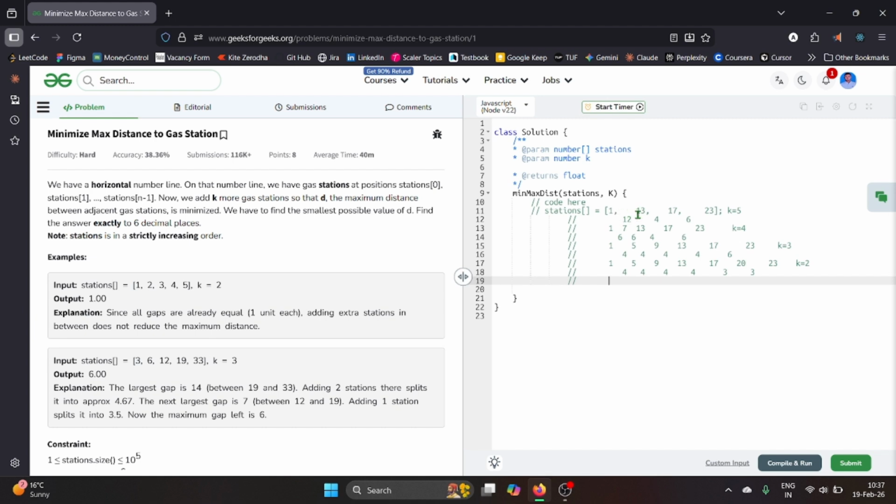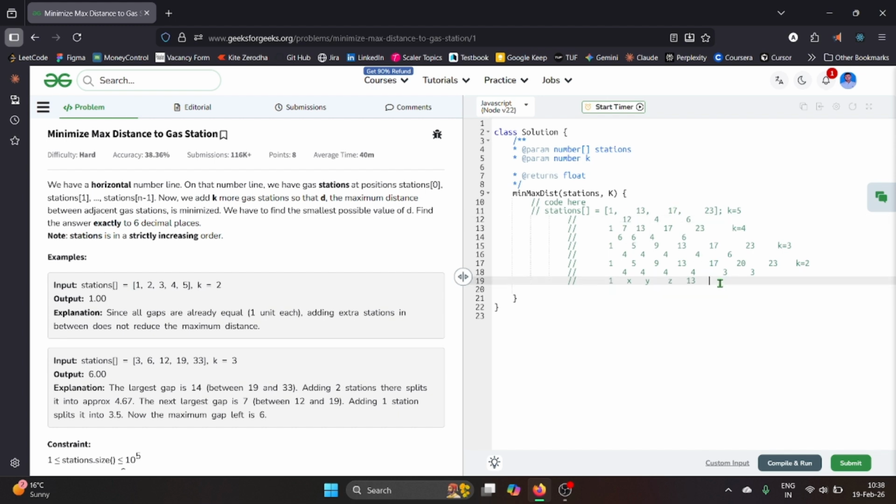Before starting, let's take an example: the first gas station at 1, the second x, third y, then z, and the fifth at 13. What gaps will be created? Gap 1, gap 2, gap 3, and gap 4. We have 4 gaps and the distance is 12.